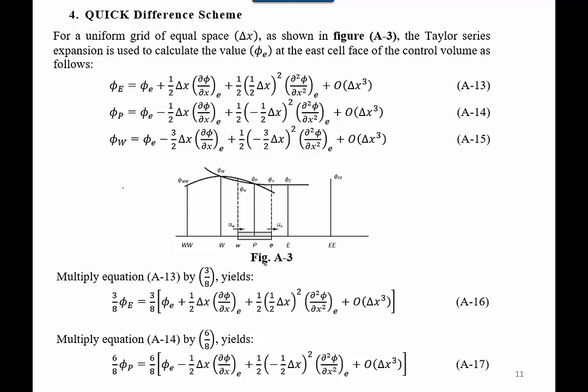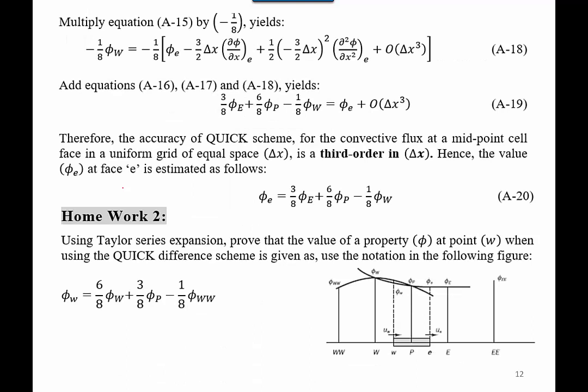If we multiply equation A13 by 3 over 8, it will lead us to equation A16, and if we multiply equation A14 by 6 over 8, we will have equation A17, and if we multiply equation A15 by minus 1 over 8, it will lead us to equation A18.